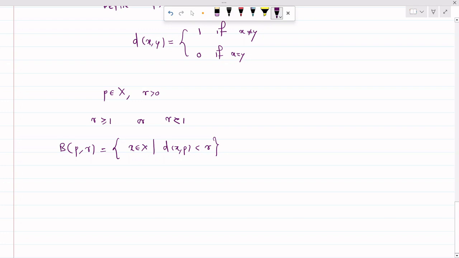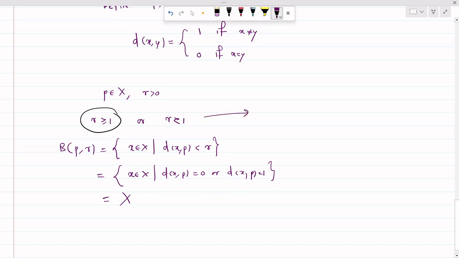Since r is greater than or equal to 1, we have both the values, 0 is also possible, 1 is also possible. So x belongs to X such that d of x comma P equal to 0 or d of x comma P equal to 1, because we are dealing with the case r greater than or equal to 1. So all the points satisfy this because d of x,y has only two values, 0 and 1. So in this case the open ball will be the complete X.